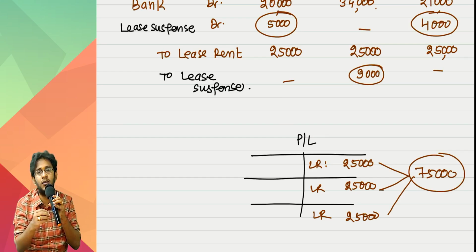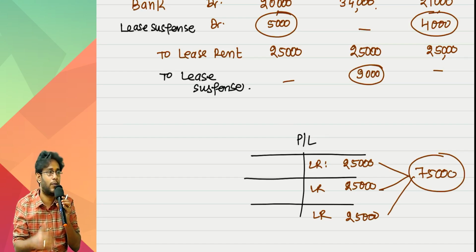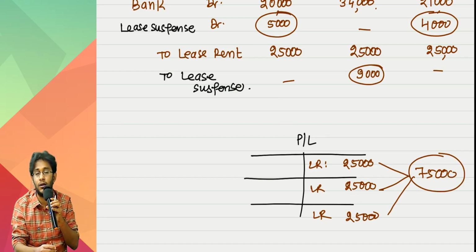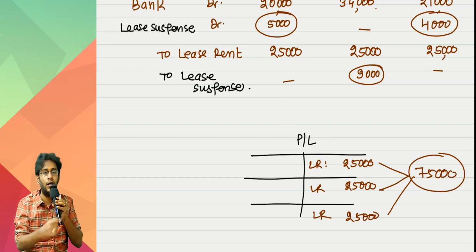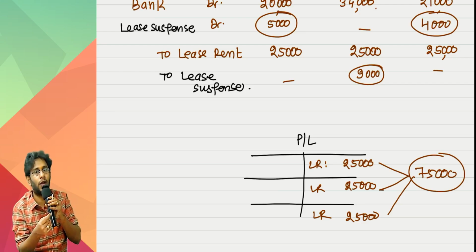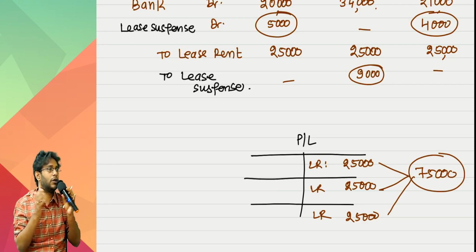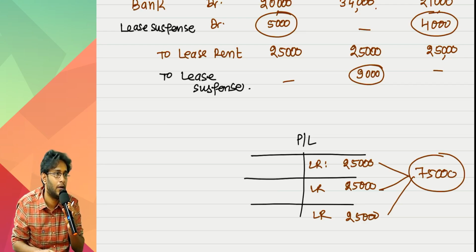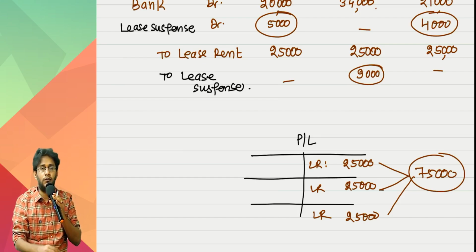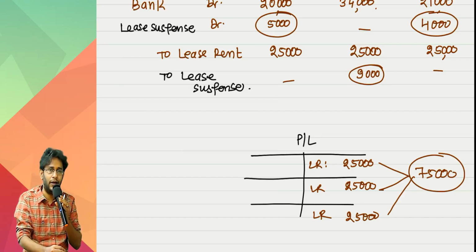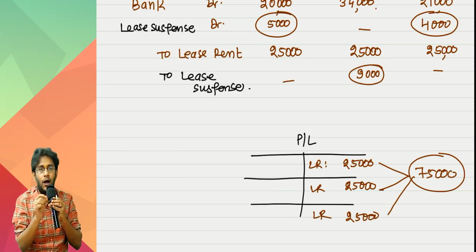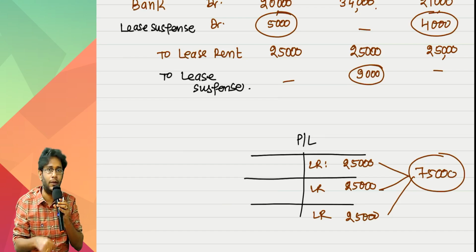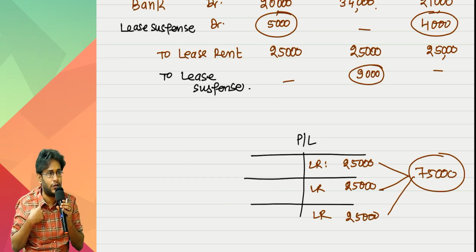Suppose you say in a 3:2:1 ratio, my asset value will come down in the next 3 years. And since asset value is coming down in the ratio of 3:2:1, the 75,000 is also credited to your P&L account in the ratio of 3:2:1. So that matching concept will happen. Or a much easier way, although the standard does not directly suggest it: even though I am recording lease income in my P&L account, the asset is there in my balance sheet only.